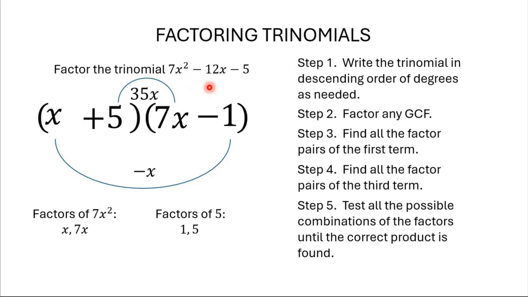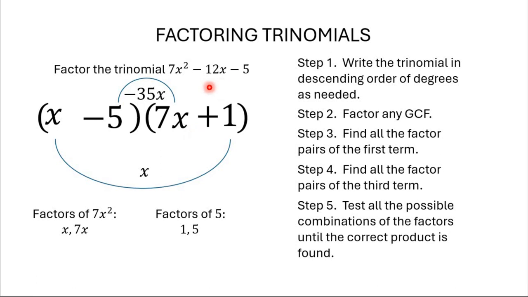So the last thing I can possibly try is to switch the signs, put a negative 5 and a positive 1 instead. Then the outside product is going to be x, just 1x. The inside product is negative 35x, and that gives me negative 34x, not negative 12x.